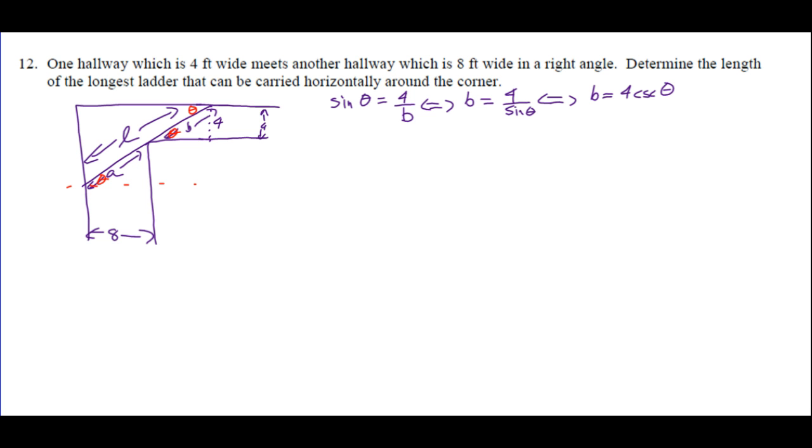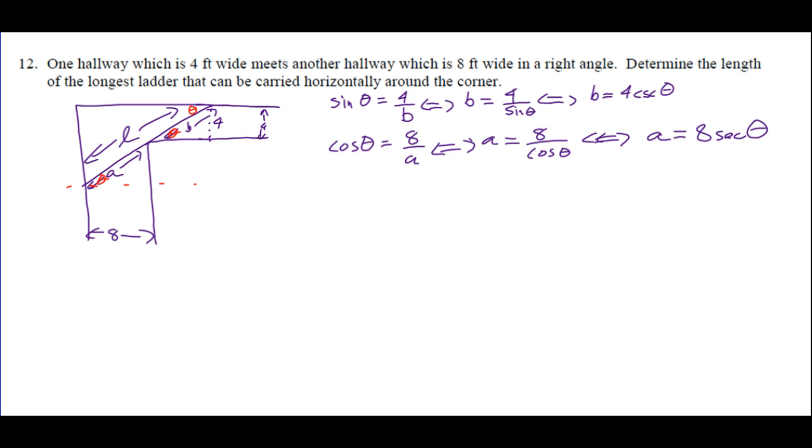This A is the hypotenuse, right? We've got the 8, so we've got adjacent and hypotenuse, so cos theta is 8 over A. So A is equal to 8 over cosine of theta, or A is equal to 8 times the secant of theta.